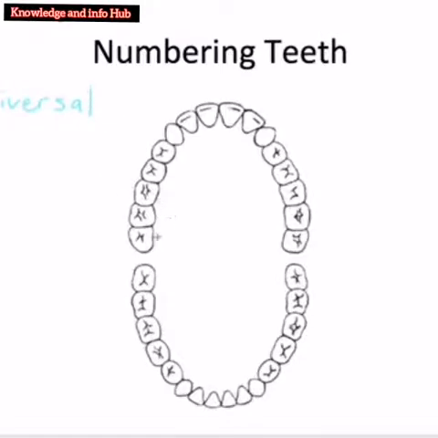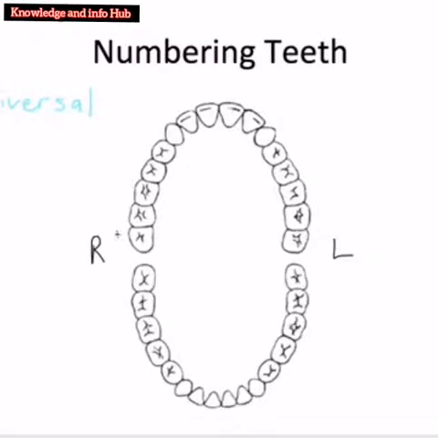It's basically like you're reading a book. You start in the upper left corner and you move to the right. So we're going to start at the upper left corner, which will be the upper right third molar. Remember, let me write that in here. If we're talking about the left side of the image, that's actually the patient's right, and the right side of the image is the patient's left, like we saw in that diagram before.